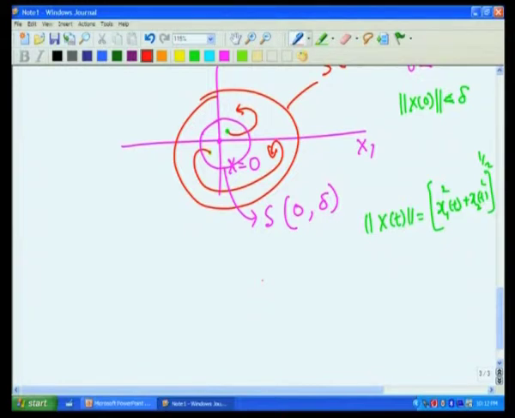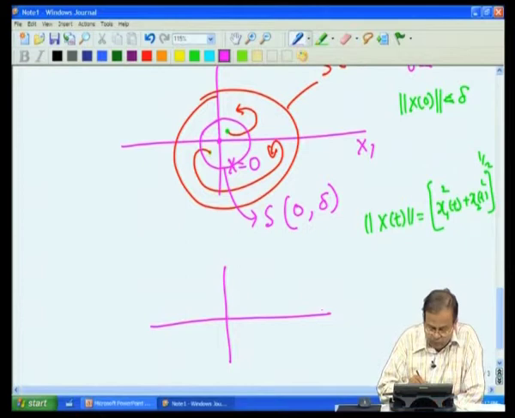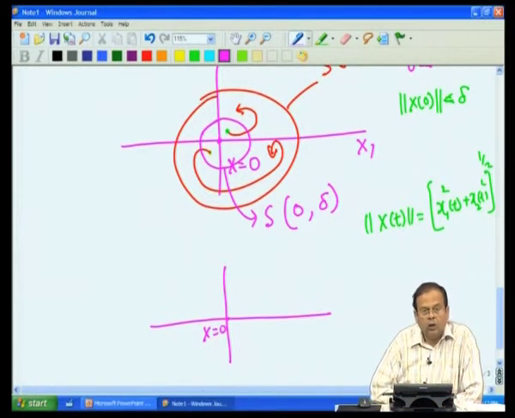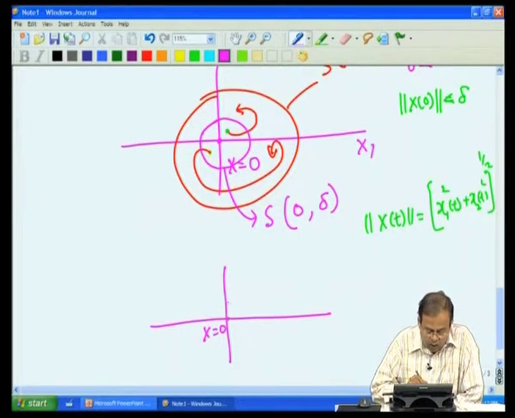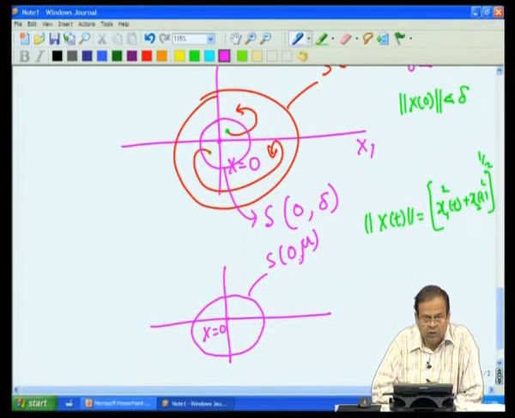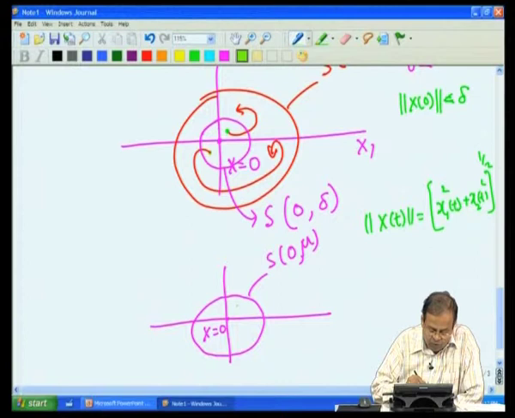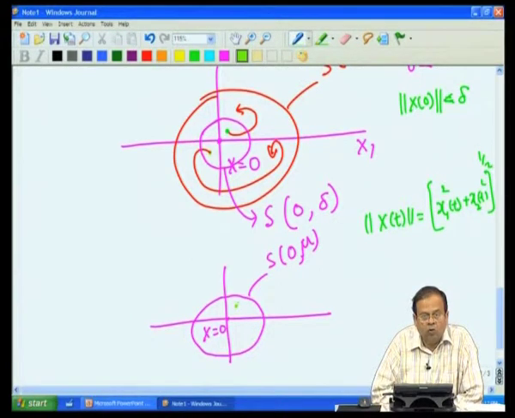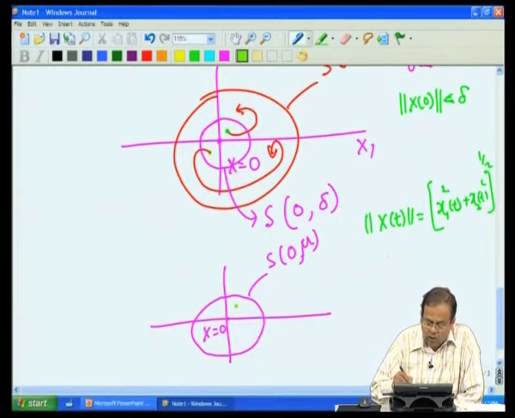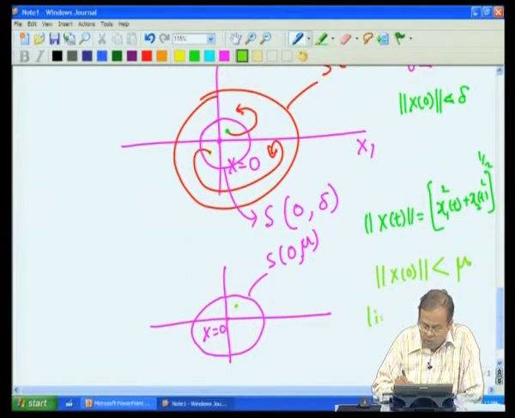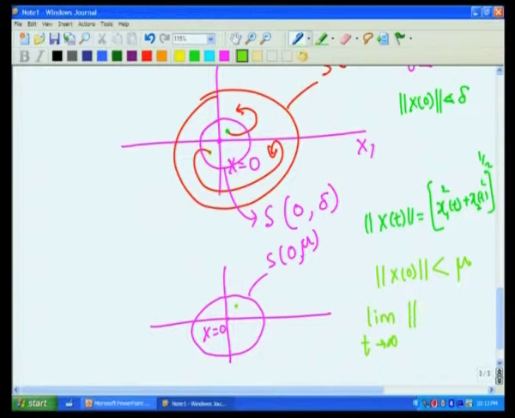Now, for an asymptotically attractive state, what we are saying once again, for x equal to 0, if we can find some region as denoted by S of 0 and radius mu, and the starting point somewhere over here, then for all x of 0 less than mu, the limit as t goes to infinity, norm of x of t is 0.